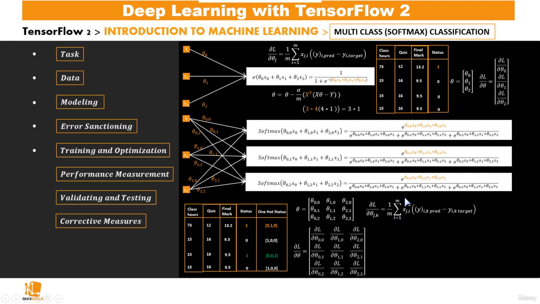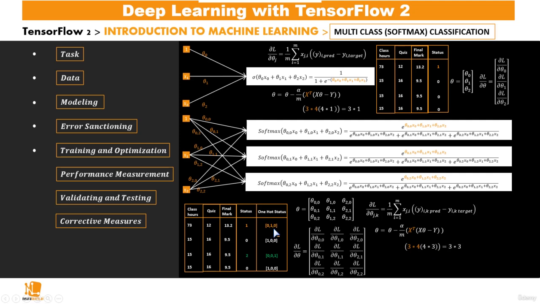What's interesting to note is that we shall use the same formula even with this problem. So our partial derivative of the loss will have the same vectorized solution as with the binary classification problem. So in this case, we still have X transpose times (X theta minus Y). X transpose is a 3 by 4 matrix as we had here, and Y is a 4 by 3 matrix.